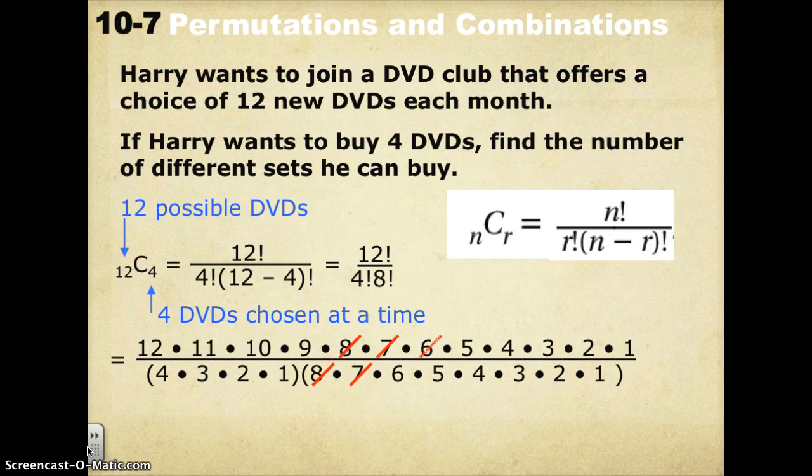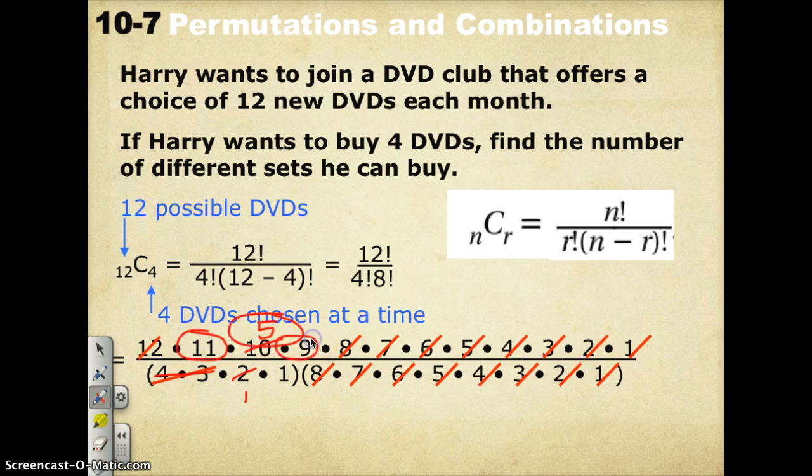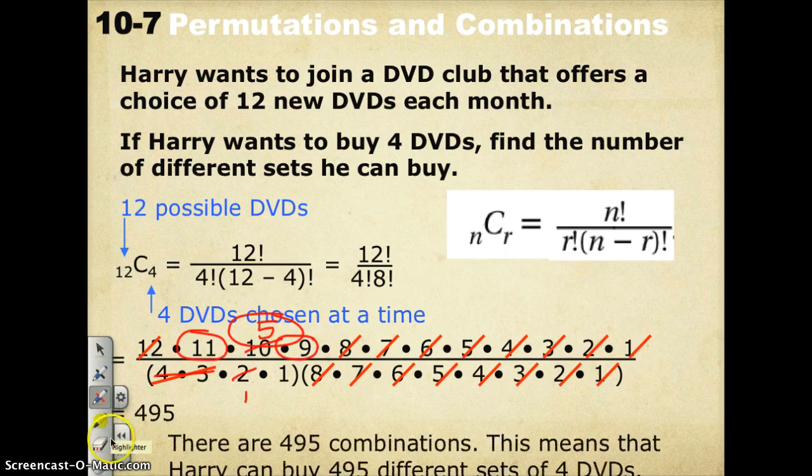Cancel from 8 down. To continue canceling, 4 times 3 is 12, so I can cancel the 4, the 3, and the 12. 2 times 5 is 10, so I can reduce that down to 5. So now I have 11 times 5 times 9, which is 495.